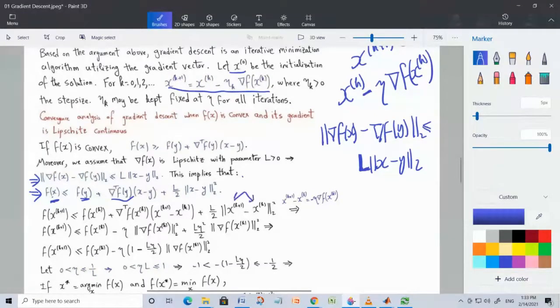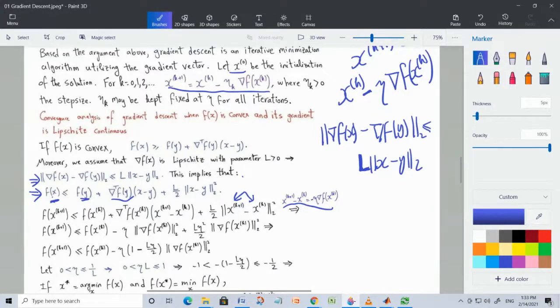Then the difference between these two vectors, by definition of how gradient descent operates, is minus eta times the gradient vector, because you move in a direction opposite to the gradient, with a small step eta. Shortly I will say how small is small.